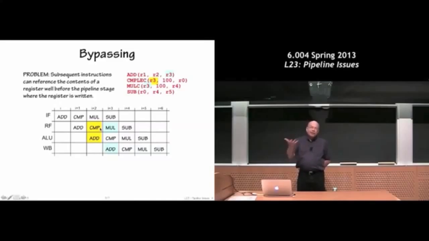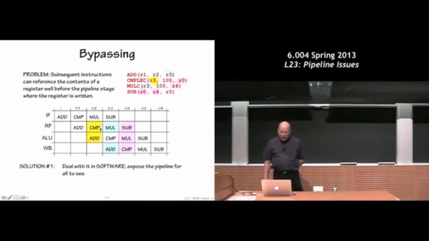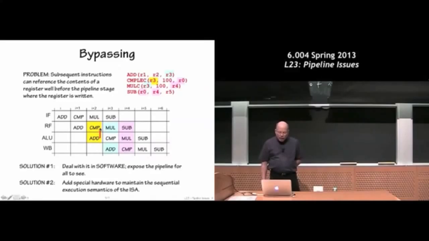After that, of course, it would be in the register file, and I don't need to get it from any other place. We could deal with all this in software, but we've chosen to add that special hardware and do the forwarding. In the diagram, the multiply, which also wants R3, can get it from the write-back stage.